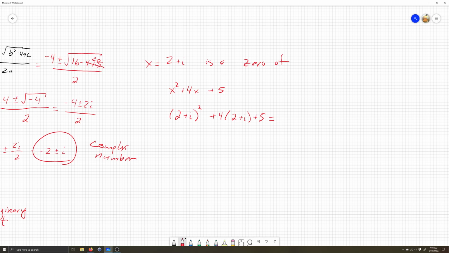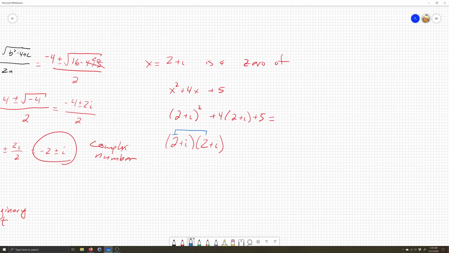All right. So 2 plus i squared is 2 plus i times 2 plus i. And we can treat this like any other binomial, and we just need to distribute.